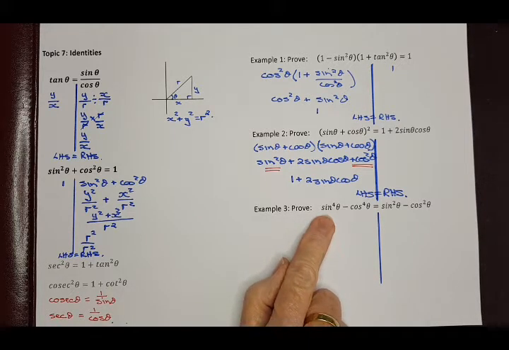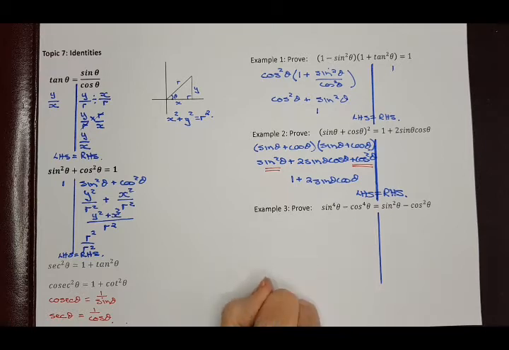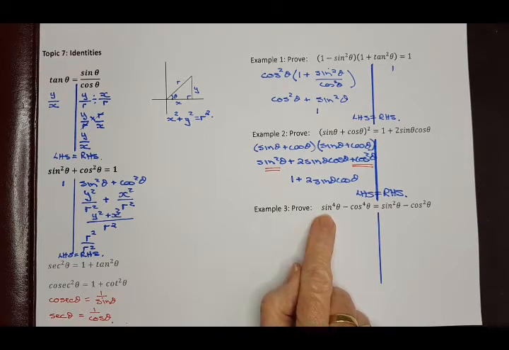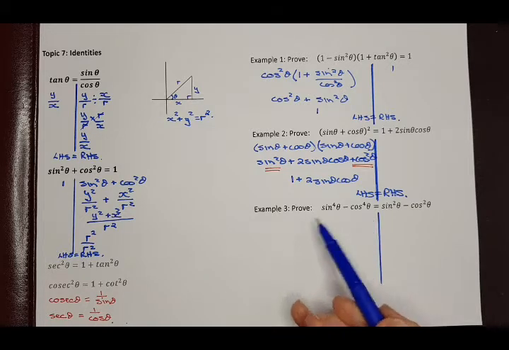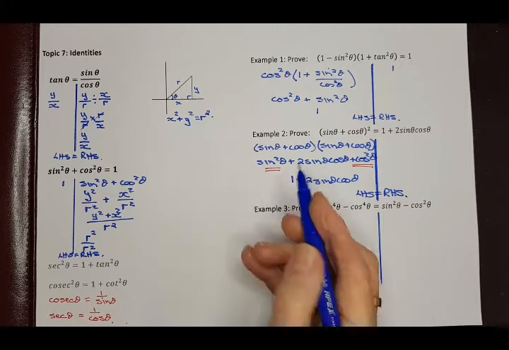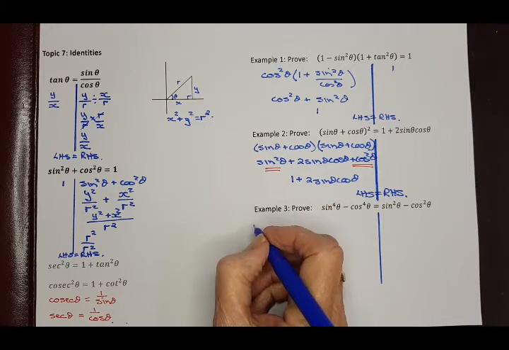In this example over here, everything is already in terms of sine and cos. Your powers are very different. On this side, you've got powers of 4, on that side, powers of 2. So what I'm going to do in this case is factorize. Sine to the 4 minus cos to the 4 is actually the difference of 2 squares.